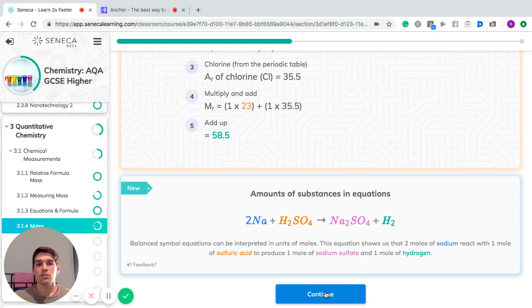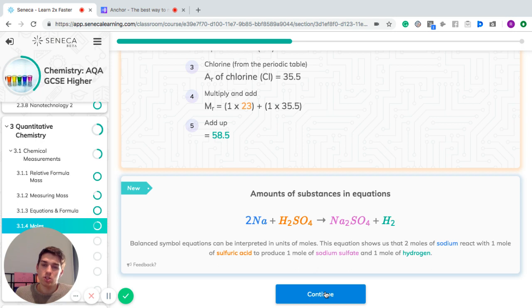Now, if we think about amounts of substances in an equation, balanced symbol equations can be used to interpret in units of moles. So an equation shows us, say if we've got 2Na plus H2SO4 goes to Na2SO4 plus H2, that there are 2 moles of sodium that react with 1 mole of sulfuric acid.